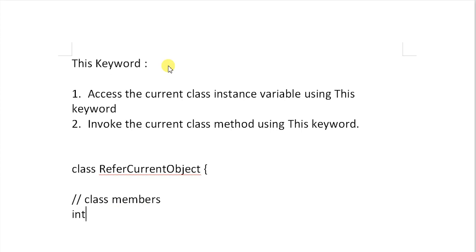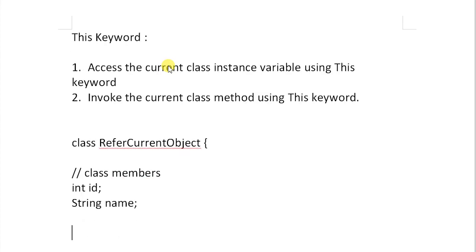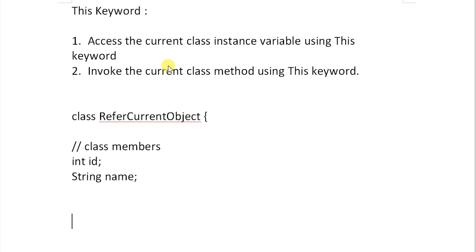Let's say one of the member is ID, which is integer, another one is name, which is string. Okay, fine. So now let's create a parameterized constructor. How can we create a parameterized constructor?